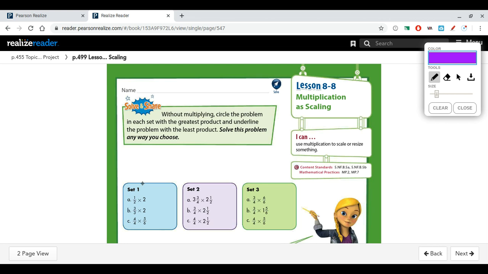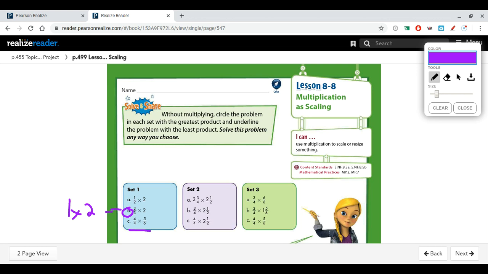If we take a look at set A, the product that's going to give us the greatest is going to be B, and the product that is going to give me the least is going to be C. And here's why. 3/3 times 2 is really going to be 1 times 2, and so that's going to give me the greatest product.